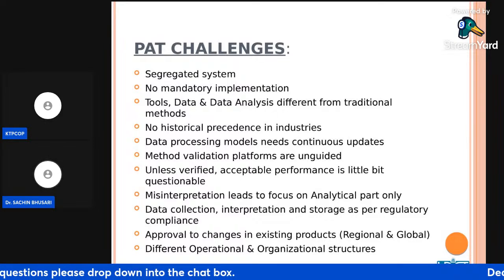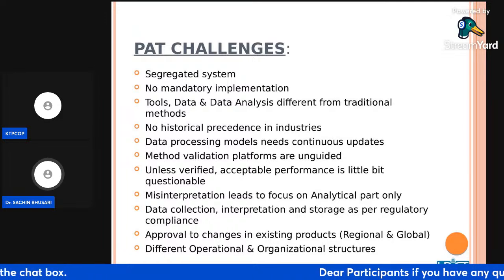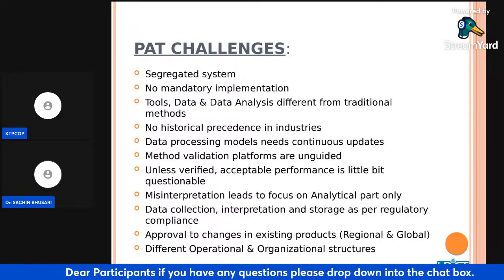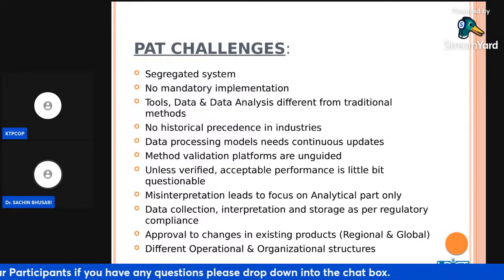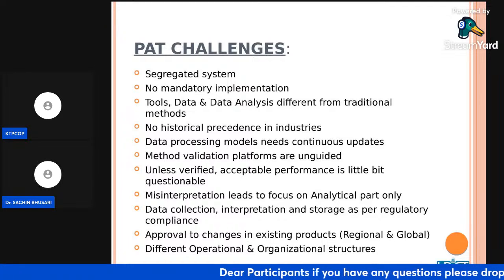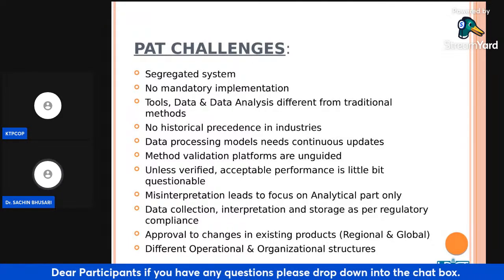It is not a conventional system. Every industrial need will be different, so that's why PAT service offering agencies are different. As per your own need, you have to design the PAT. If you want to implement process analytical technology in your industry, it is a segregated system. It is not an integrated system. It is an entirely different system from our routine quality control, quality assurance. So that is one challenge.